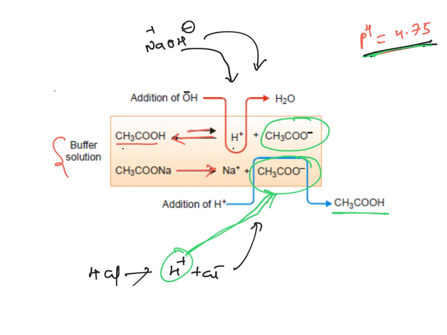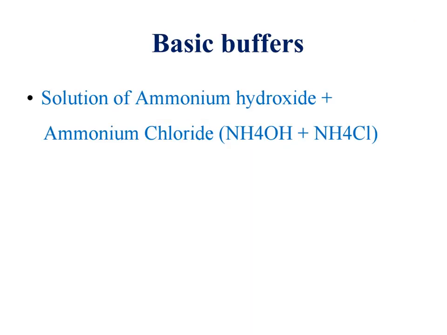Similarly, we can take a basic buffer solution, the combination of ammonium hydroxide and ammonium chloride. Let's look at the solution of ammonium hydroxide and ammonium chloride, which acts as a basic buffer. It means that when we add these two in combination, the pH will be more than 7.